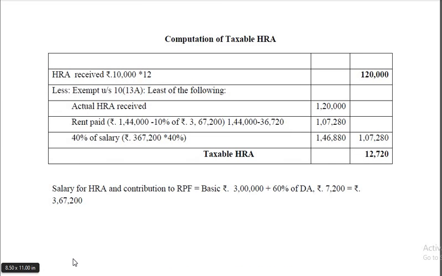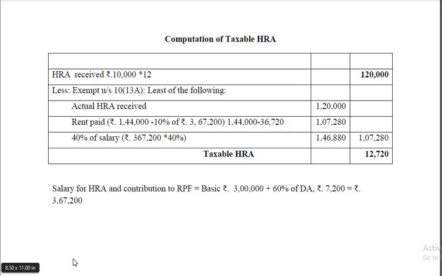HRA received 10,000 into 12, 1,20,000 you have received. What is exempt under that? Under section 10(13A), the least of the following is exempt. Actual HRA received, 1,20,000. Rent paid, that is 1,44,000 minus 10% of salary.